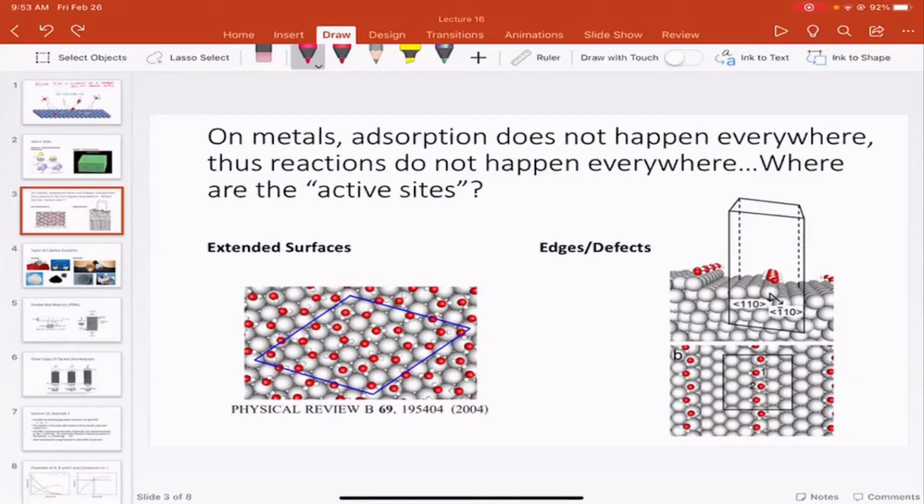In fact, essentially no surface that you've ever come in contact with is atomically flat. So there are steps, edges, defects everywhere. And actually, for a lot of reactions, these step edges are extremely, extremely active. Now, for metallic catalysts, if we want to increase the activity, right?